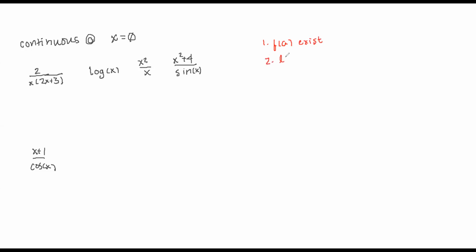We want the limit of f of x as x goes to a to exist. And we need those to be equal to one another.